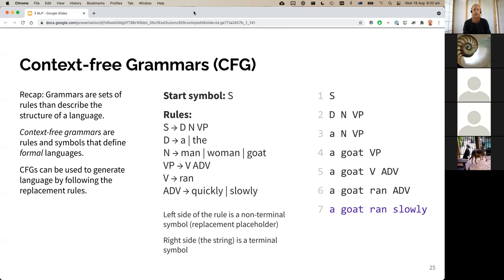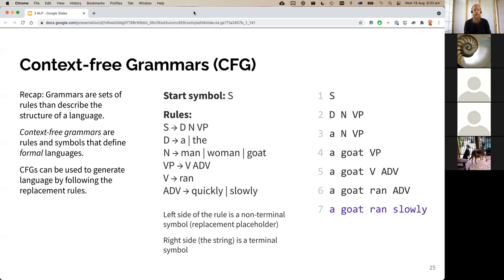So with natural languages or human languages, the grammars can be incredibly complex, and these context-free grammars tend to be much more structured and more rigorous than natural language grammars, and context-free grammars define formal languages.